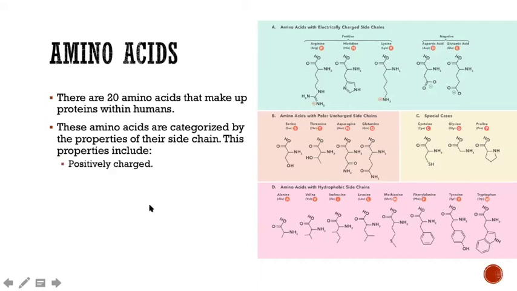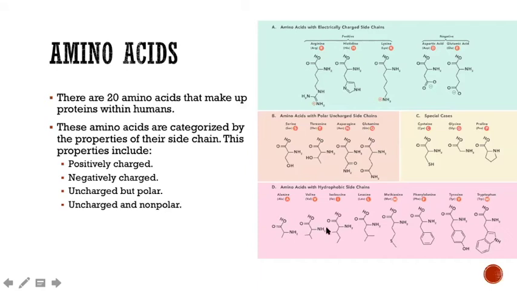That can be a positively charged side chain, a negatively charged side chain, an uncharged side chain that is polar, or an uncharged and non-polar, or hydrophobic, side chain. These ones would be hydrophilic. And then there are a couple that are special cases which don't really fit in with any of the other categories.